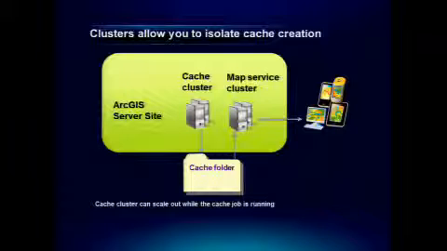So I can have one machine sitting on one cluster, another machine sitting on another cluster, and I can specify which services are going to run on each one of those clusters. In that way, you could isolate your caching job to its own machine or set of machines and completely isolate that processing from the rest of your services, so that those map services can continue to have tile requests while the cache is being created, and you'll get good performance the whole way through.